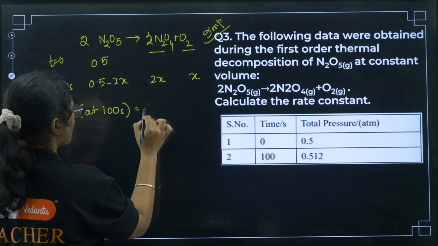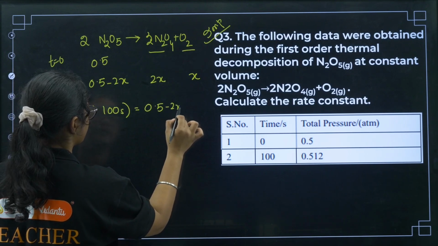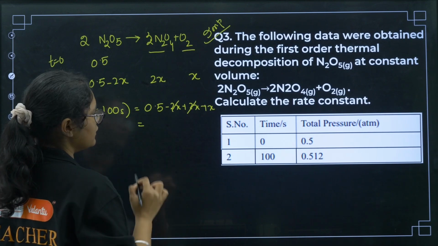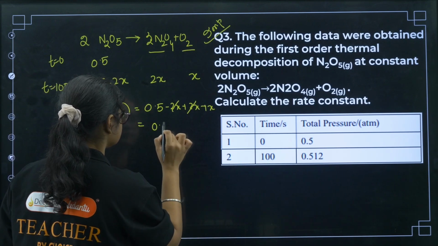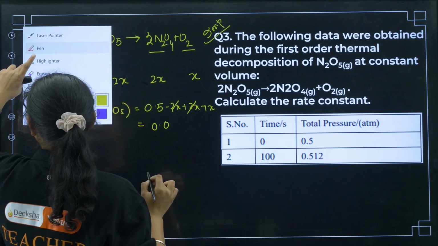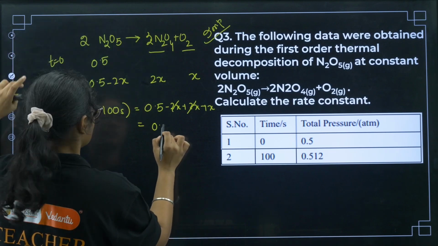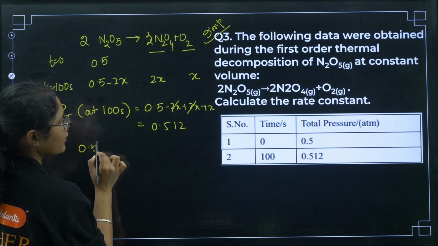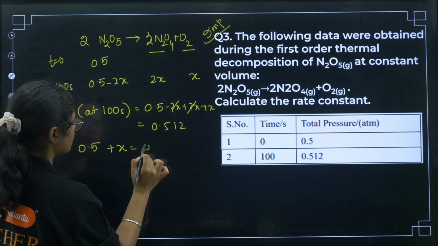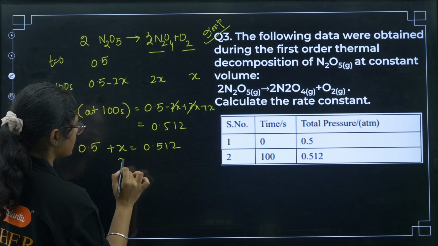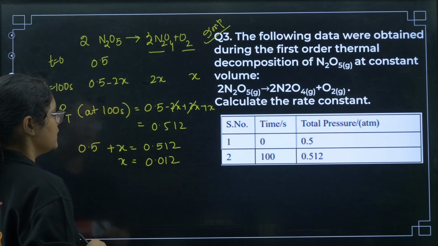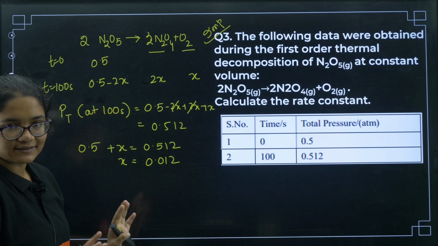That is 0.5 minus 2x plus 2x plus x, which is equal to 0.512. So I can say that the total pressure, 0.5 plus x, is equal to 0.512. So what is x value then? 0.012. This is the value of x.